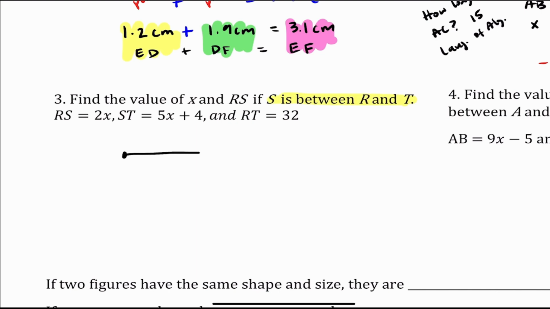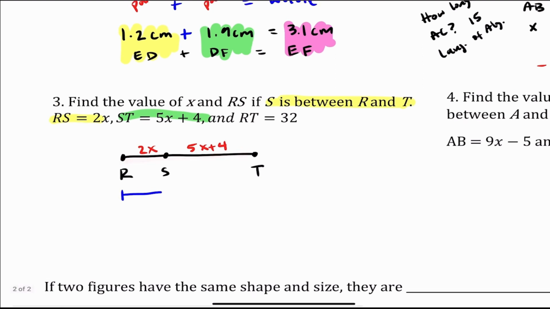So our endpoints are R and T, and S is between those 2 points. All right, so we know that RS is 2x. So this is RS. And then ST is 5x plus 4. And we have to make note that RT, the whole segment, is 32.